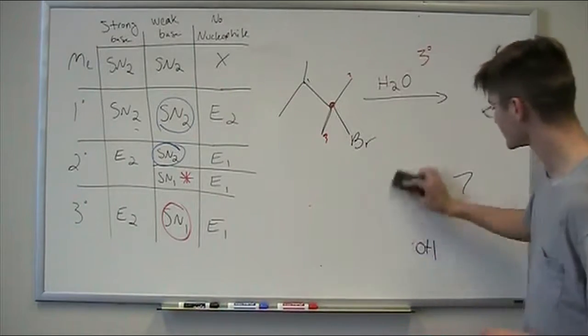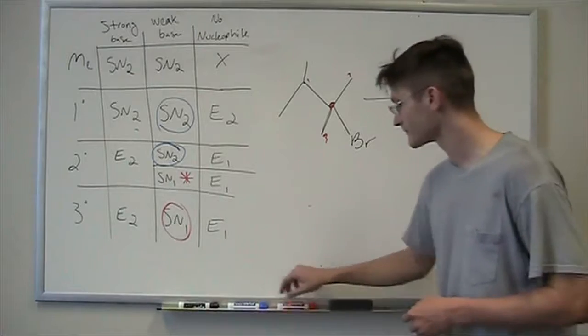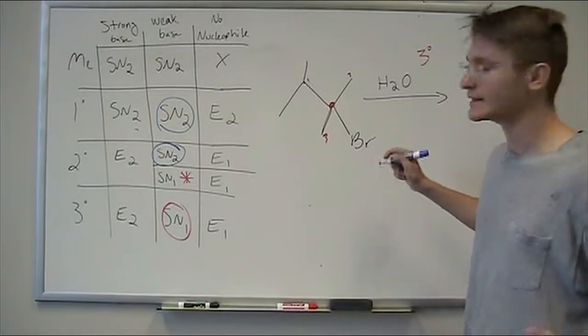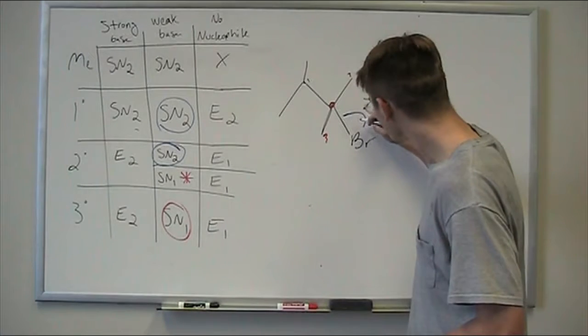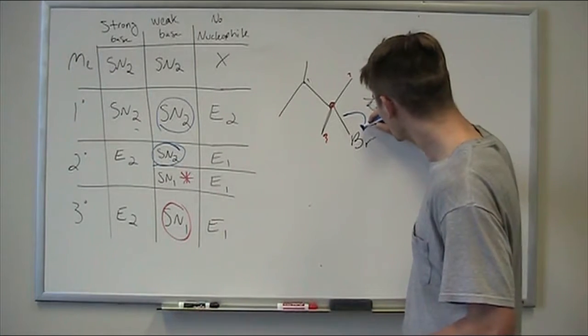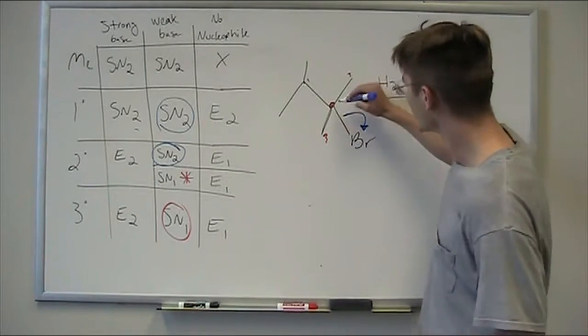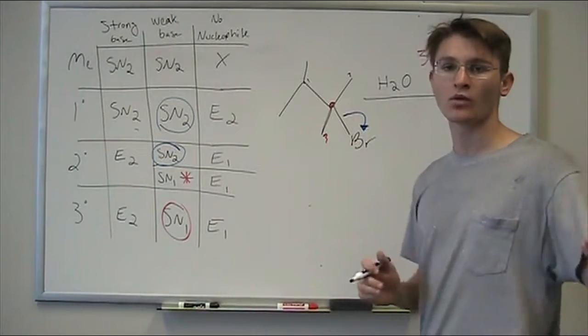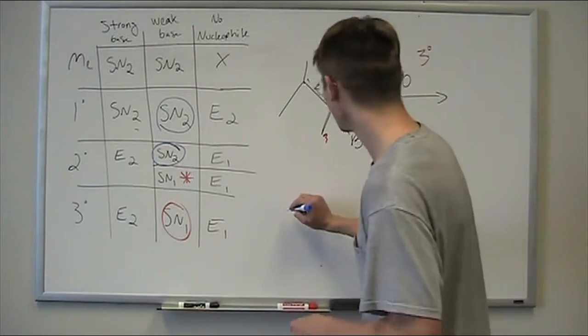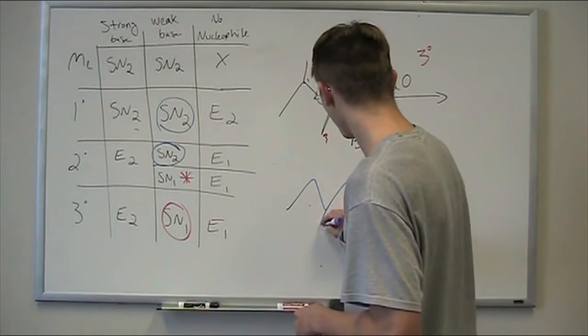So let's see, that is our answer. Let us see how we get there. So we're going to make the leaving group leave right here. So it's going to kick it off, forming what? It forms a carbocation. So we're going to form our carbocation right here.